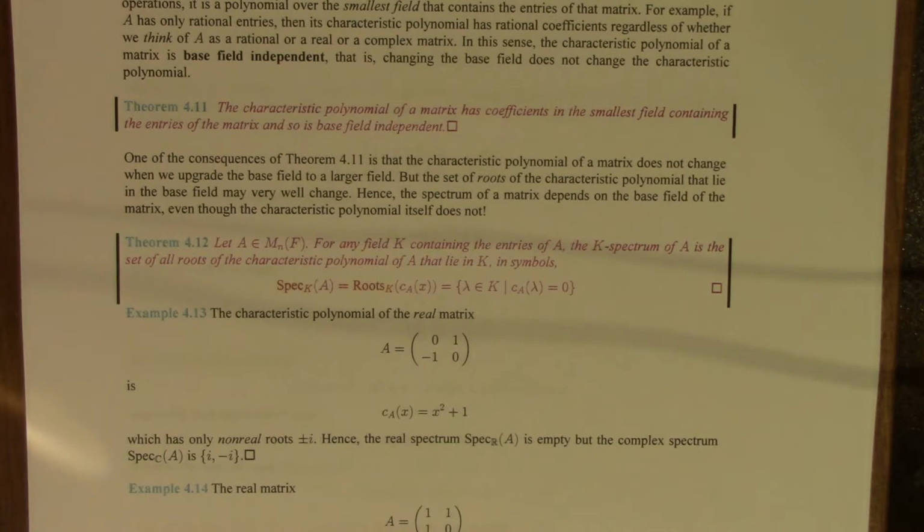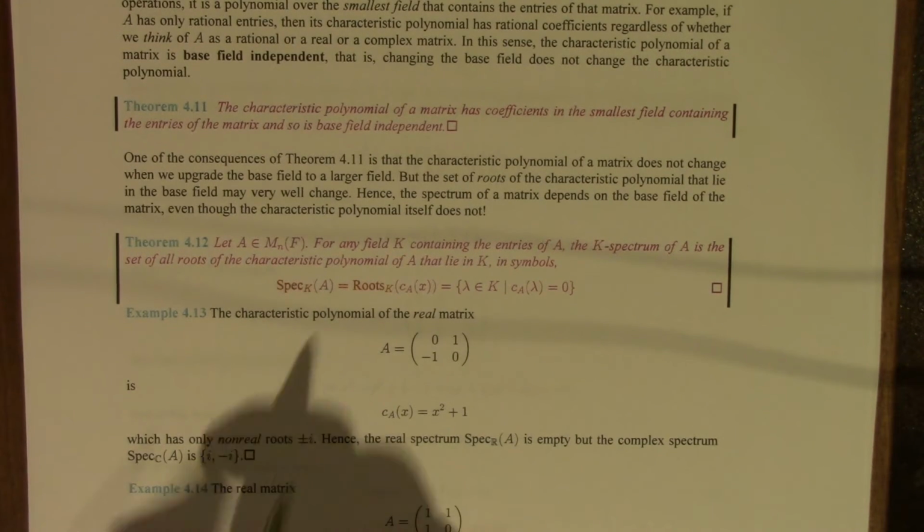The solution set may expand. And so, for example, if the characteristic polynomial is x squared plus 1, as a real matrix there are no roots, and therefore there are no eigenvalues, but as a complex matrix, same characteristic polynomial, x squared plus 1, but now there are two roots, and therefore two eigenvalues.